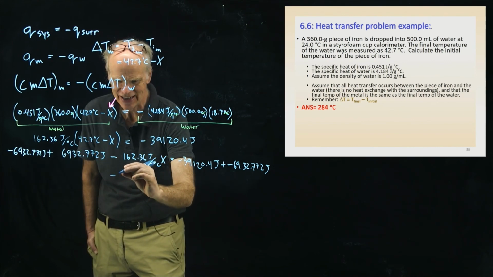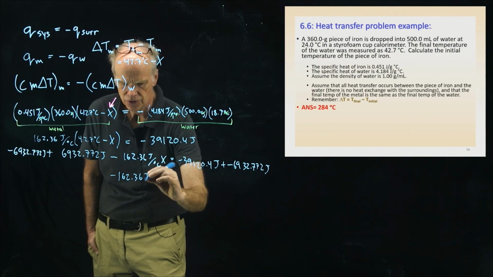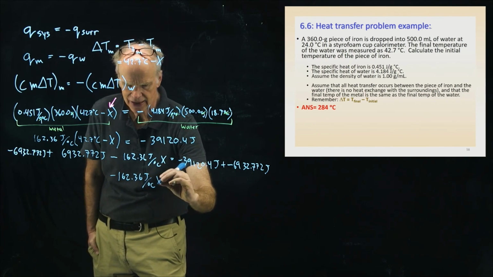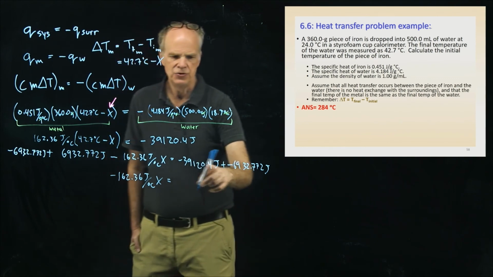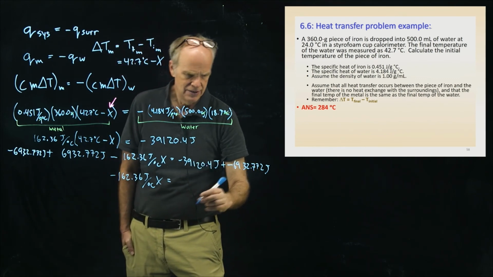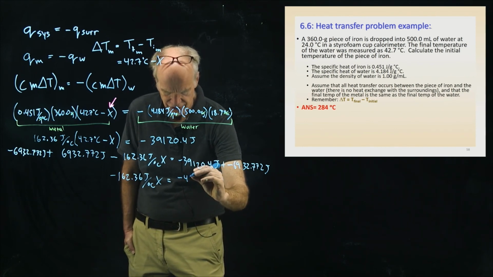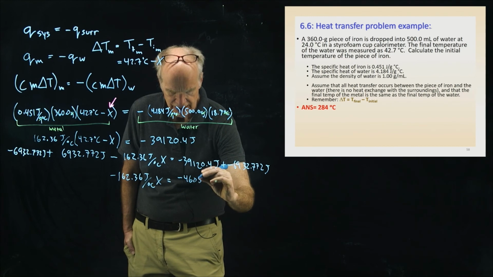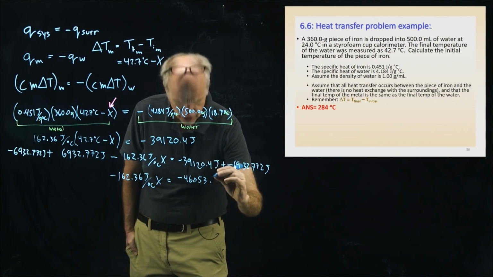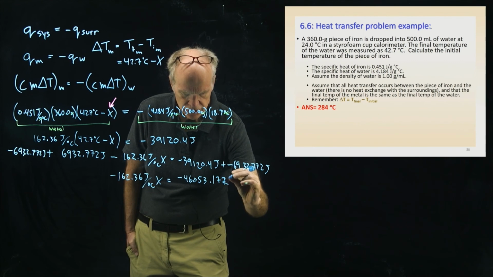And so after I do that, these two numbers neutralize each other, if you will. And so you get negative 162.36 joules over degrees Celsius x. And then if you add these two negative numbers together, what I got was negative 46053.172 joules.